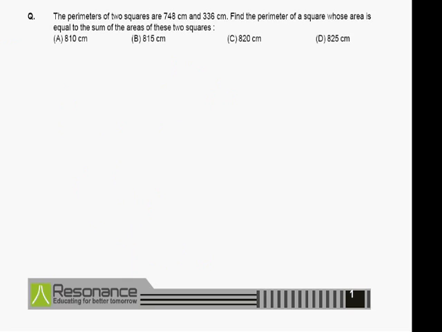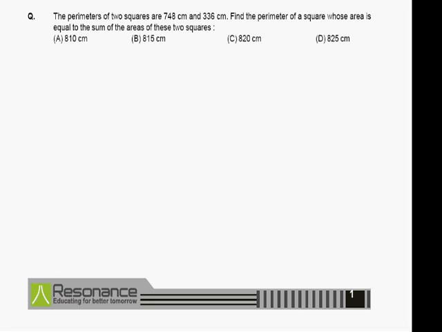Now we will move to the questions. The first question is: the perimeters of two squares are 748 centimeter and 336 centimeter. Find the perimeter of a square whose area is equal to the sum of the areas of these two squares. In this question we are given the perimeters of two different squares.